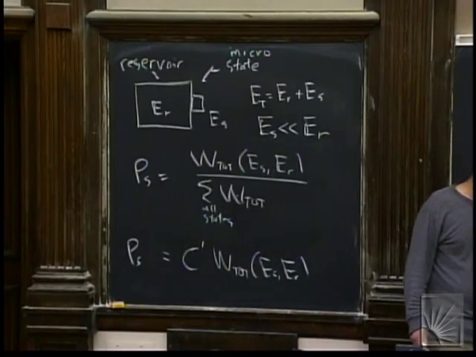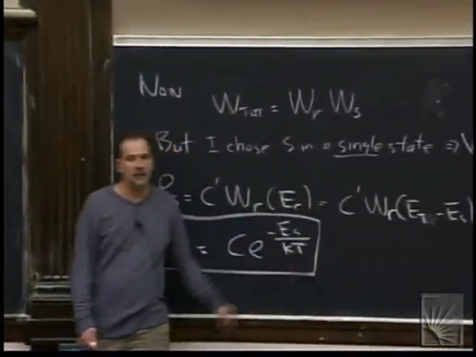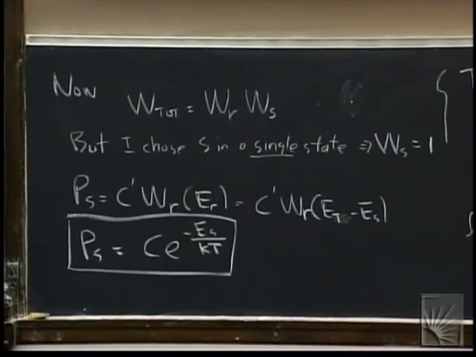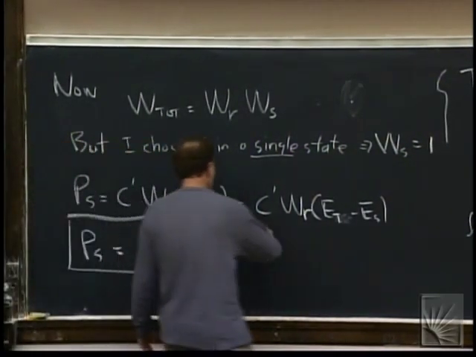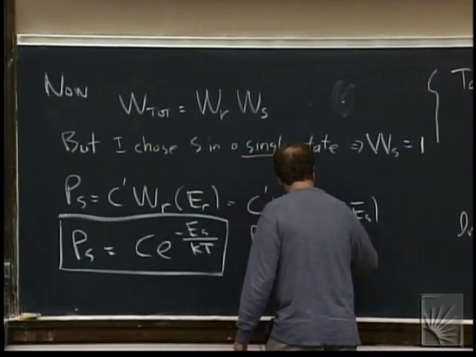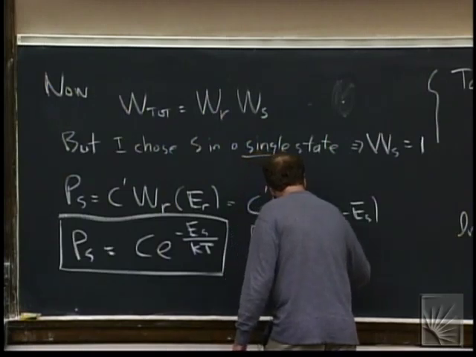So strictly, I did derive this only for the reservoir, but I just dropped the subscript by convention and just call it T. And this is the fundamental result. This is called the Boltzmann distribution.